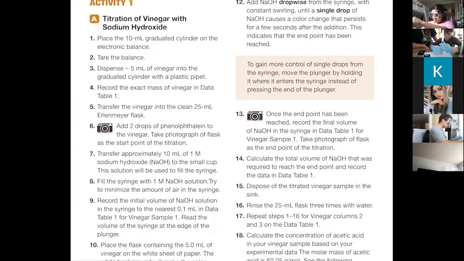So remember, your volume should have 3 digits. The first 2 are going to be based on the lines on the syringe, and the third one is going to be your estimation of the volume between those lines.